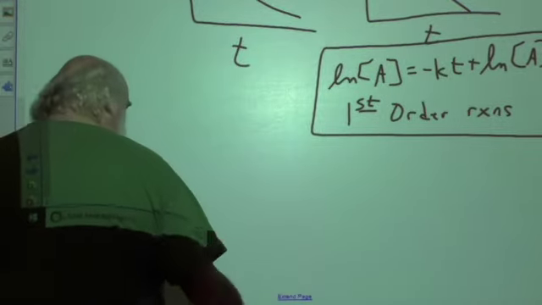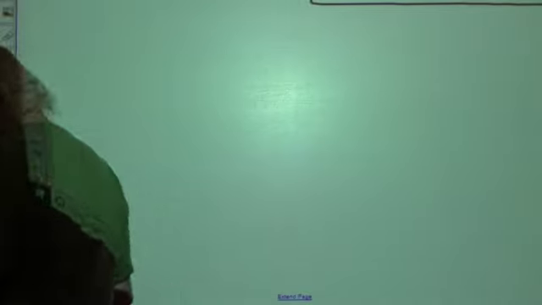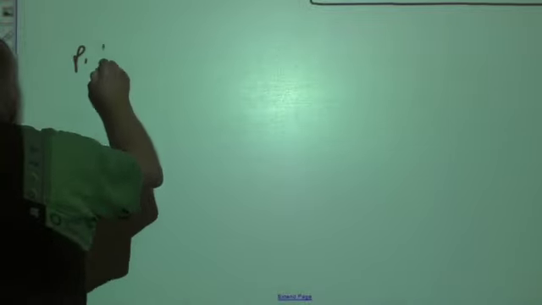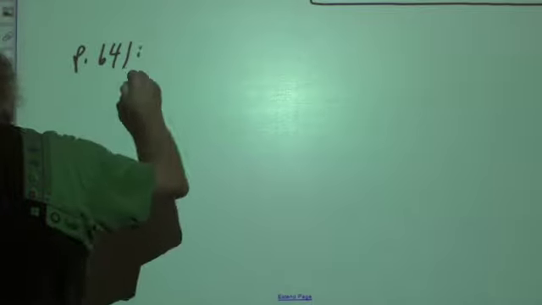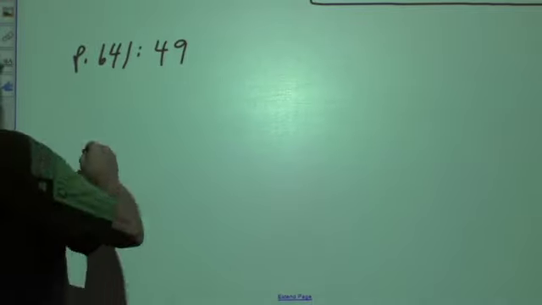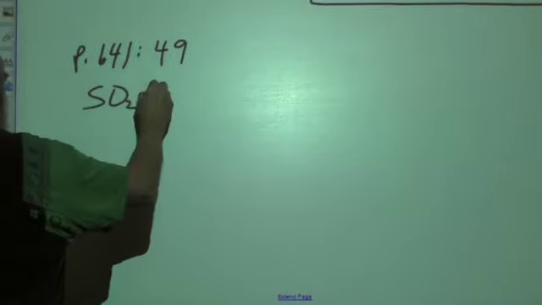All right, so let's take a look at a couple of problems here to reinforce that. Let's take a look on page 641, problem number 49. So we've got sulfuryl chloride, which is SO2Cl2.